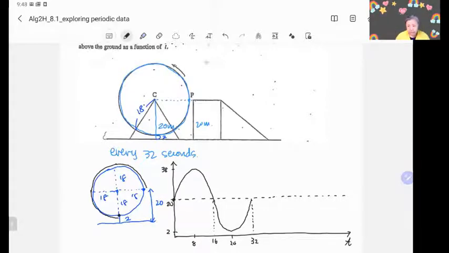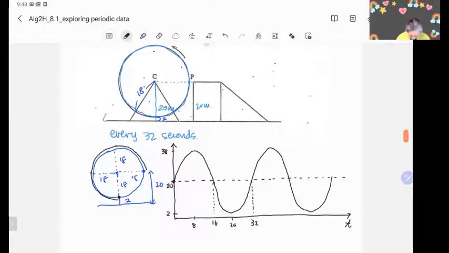If it keeps the same speed, it's going to go up and down once again, and this is one period. So the period is 32 seconds. And this is the amplitude. What should the amplitude be? 18.